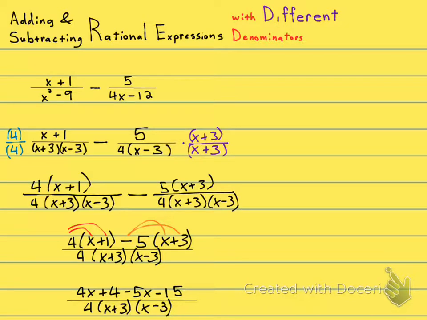Okay, this is where I see most of my mistakes. So I'm going to put it in bold. Right, this was a negative 5 times a positive 3. A negative times a positive is a negative. All right, like terms up here. 4x minus 5x, that's going to be negative 1x.